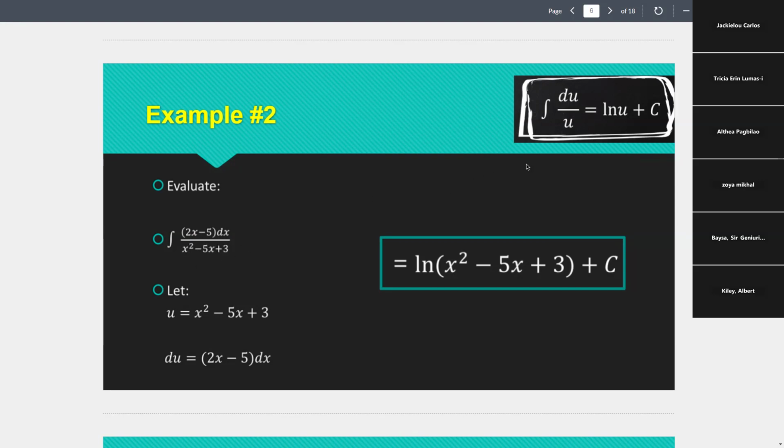Again, this one can be solved using a logarithmic formula, this one. This is our u, and just derive that one, and you should be able to get 2x minus 5. Correct?